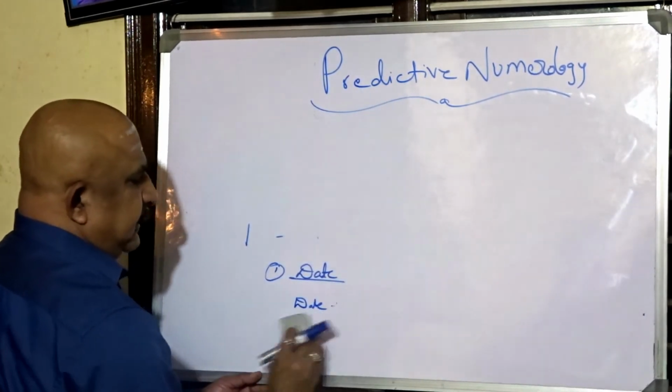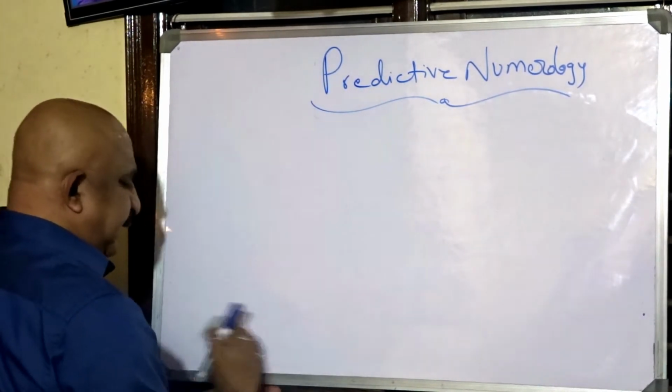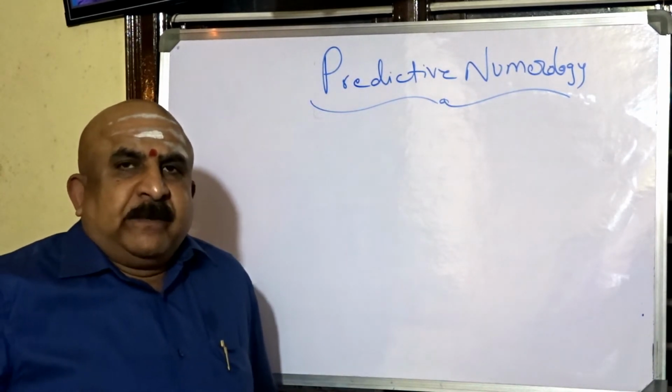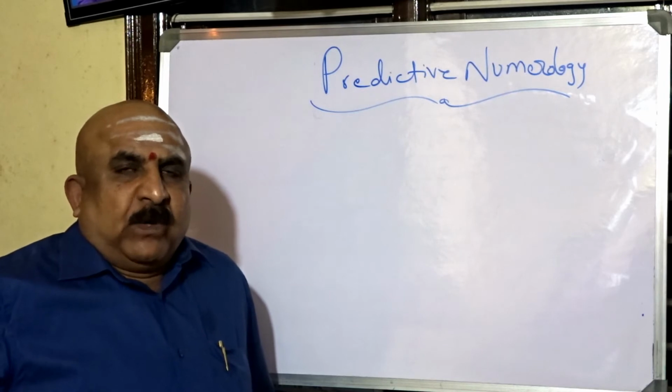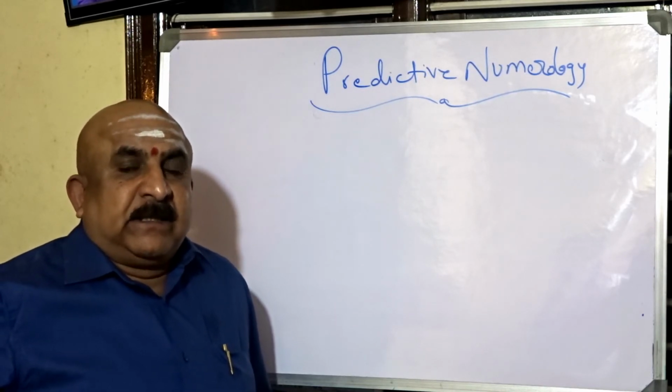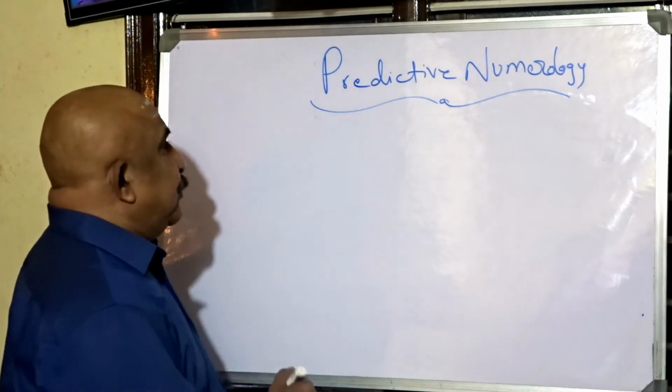First thing I said, naming of a child. So many people are interested in so many things. One, if a person has finished his or her studies, he'll be worried about the job.